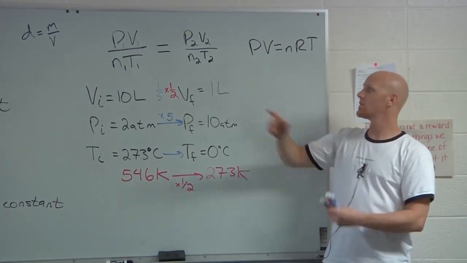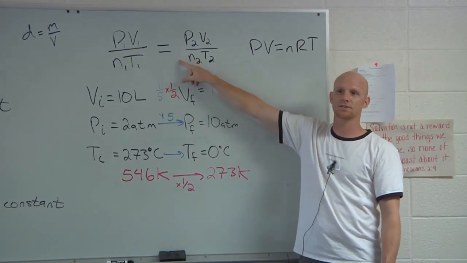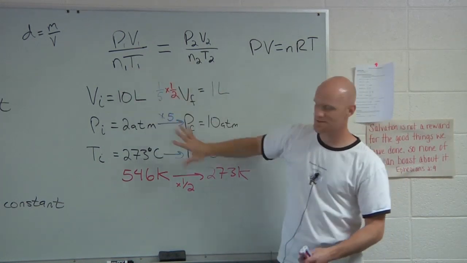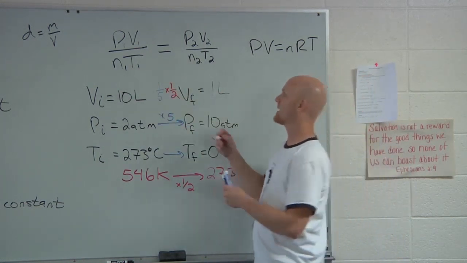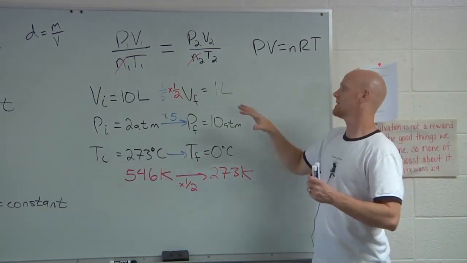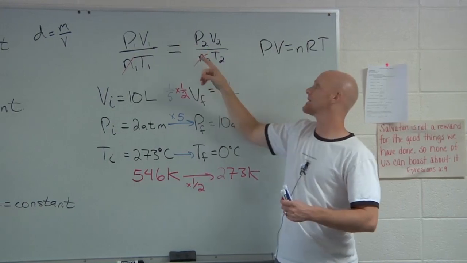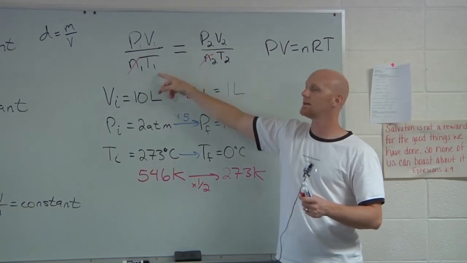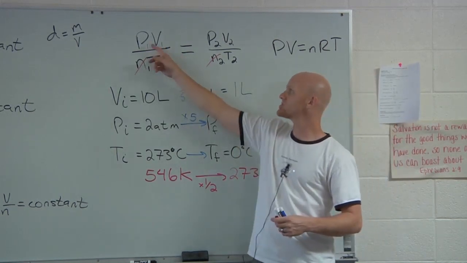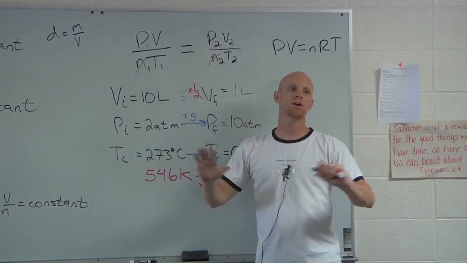Now, truth be told, we can go right back here and plug and chug this. So what's true about N1 and N2 in this example? Yeah, they're equal. So if N1 equals N2, those cancel, go away, and we're good to go. And if you plug all those numbers back in, and again, temperature has to be in Kelvin, you're good to go. Now, one thing to note, pressure, take your choice on units.